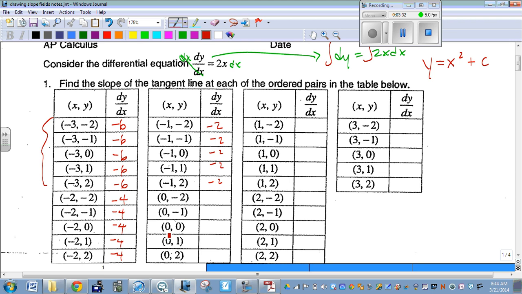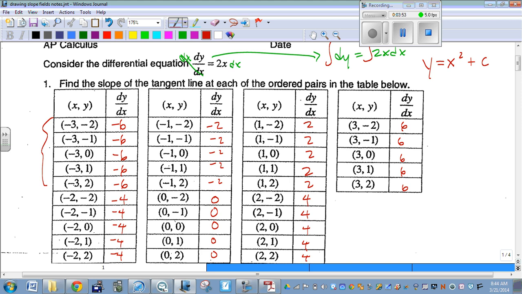And here, x is 0, slope is going to be 0. Then 2, 4, and 6. All right, so we've got all of these slopes now.